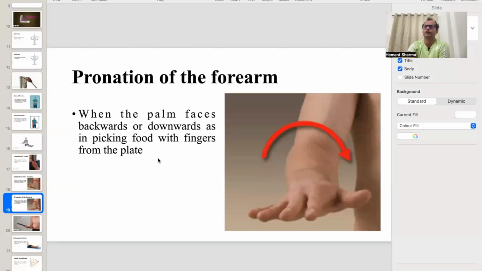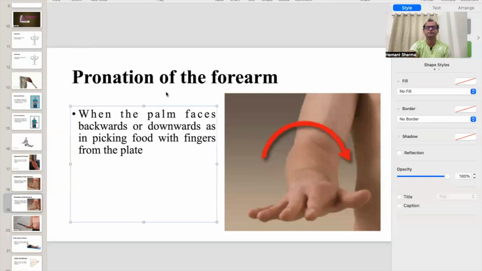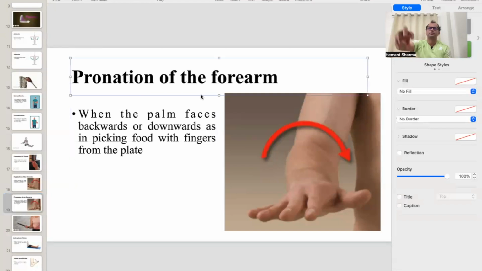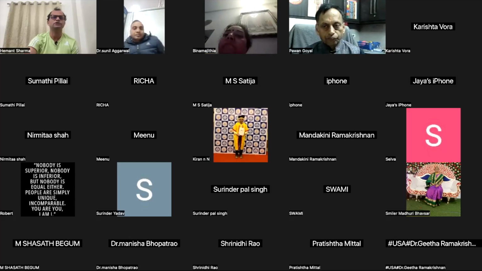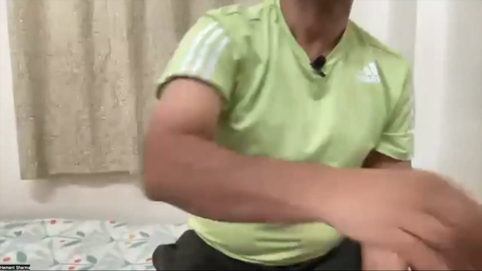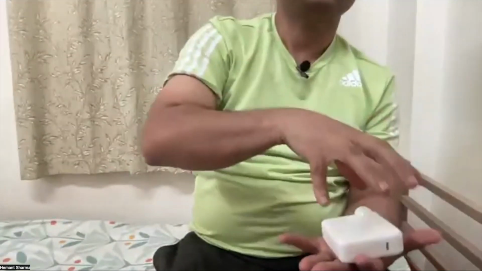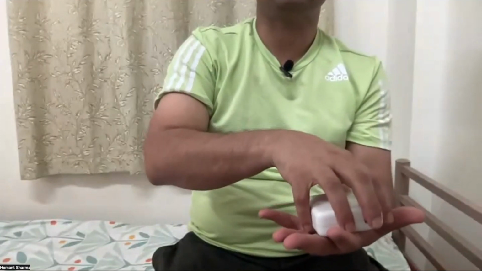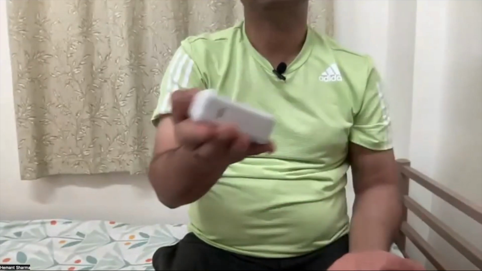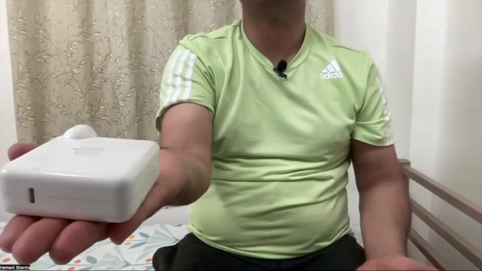Okay, picking the food when our fingers are downward. हम कोई भी चीज उठाते हैं तो हमें पहले प्रोनेशन में अपना हाथ करना होता है. I want to lift anything, so my hand will be in the pronation, like I want to lift this. See, so my hand is in the pronation. Now I want to give to someone. Okay, take it. This is the supination.